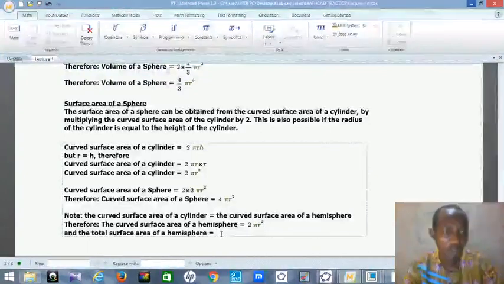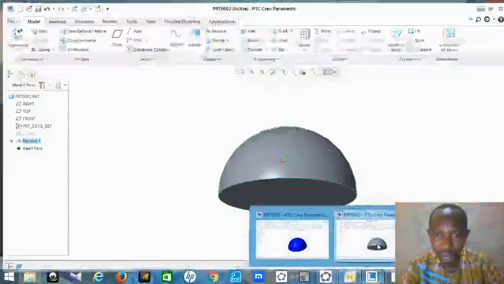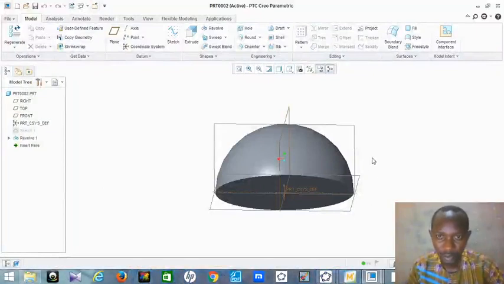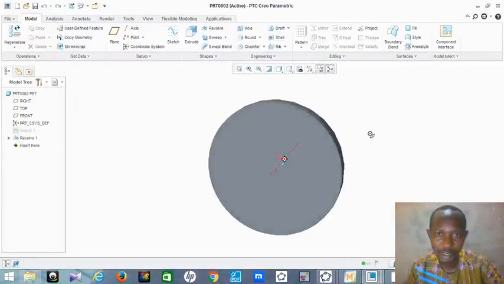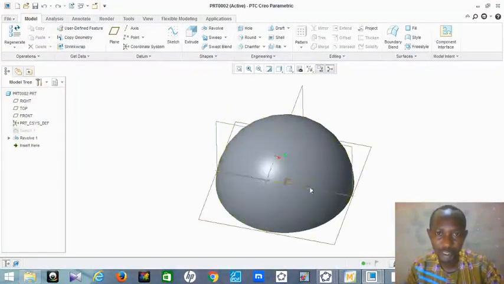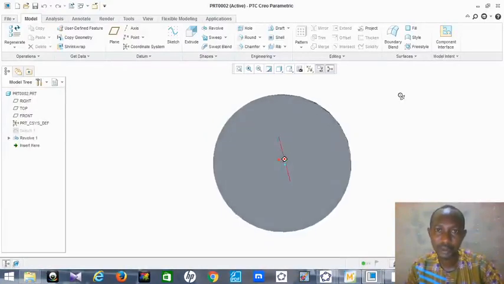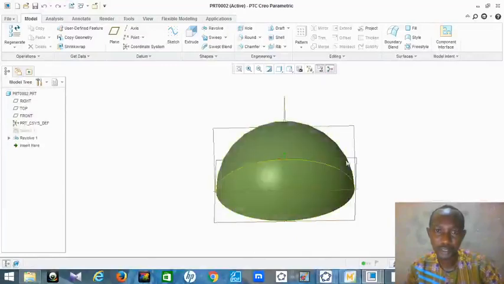That is it. But when you need the total surface area of a hemisphere, we are talking of the general total surface. Let me show you here. The total surface area of a hemisphere consists of the base, which is a circle, and the body, which is a curved body. It has a curved surface, and the bottom, which is a circle. So you add this circular base plus this curved surface.